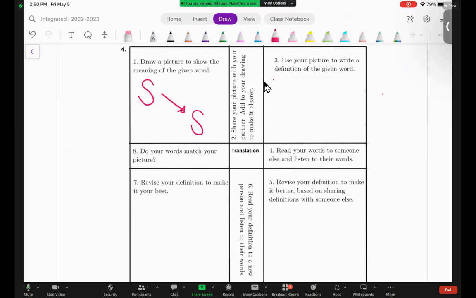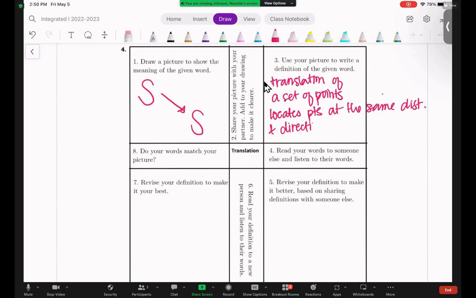So one of the definitions that we've talked about is, a translation of a set of points locates points at the same distance and direction along parallel lines.